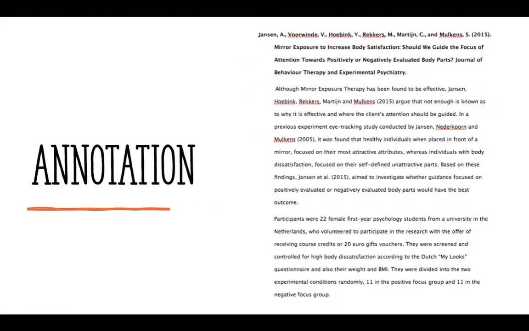And annotation, or annotating, is the process of adding a note to the resource. When I give you feedback on your essays, that is me annotating your essays. So an annotated bibliography is adding notes to your list of selected resources, including your summary of that research.